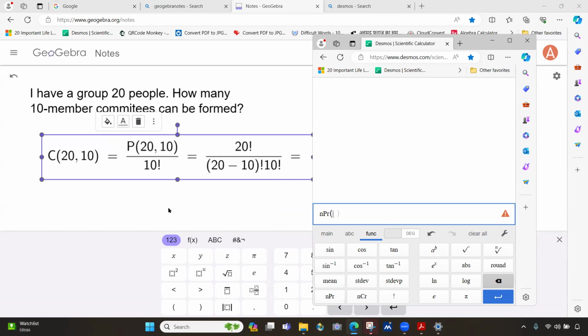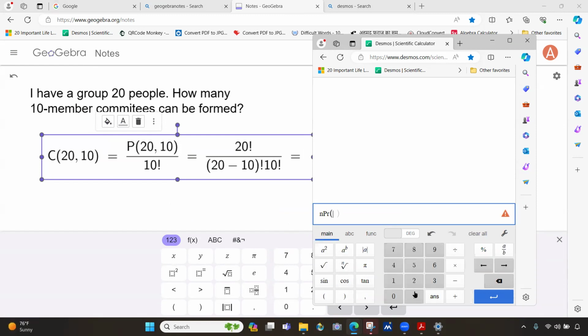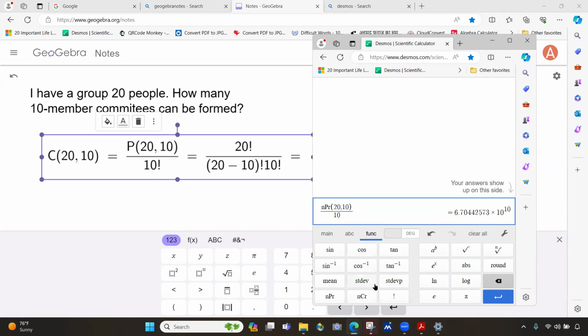So NPR is 20, comma, 10. And then you have to divide it by 10 factorial. That's your answer. And that's a pretty large number.